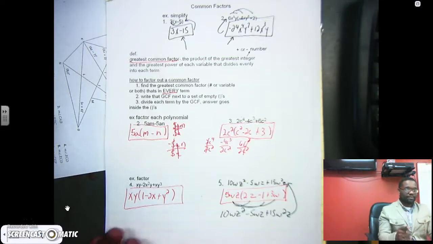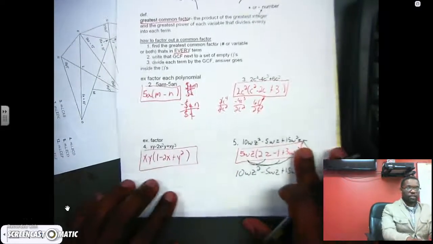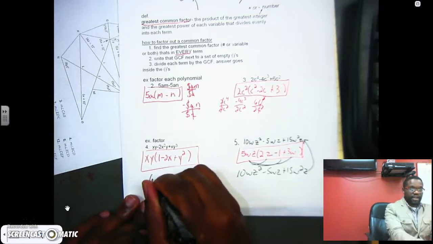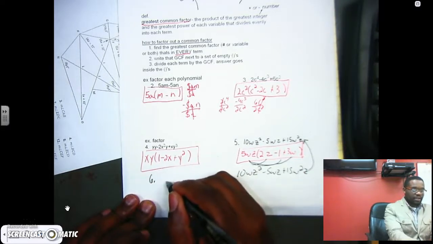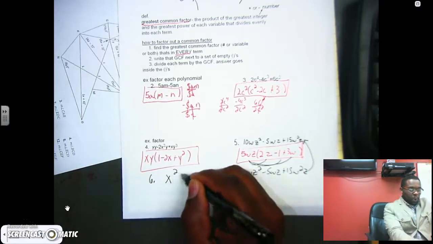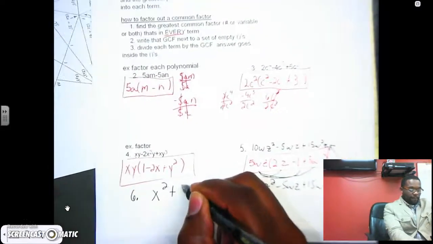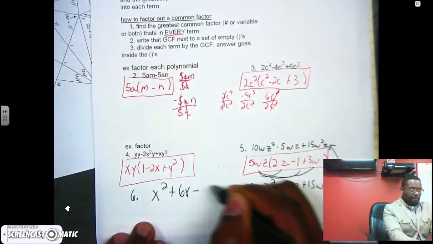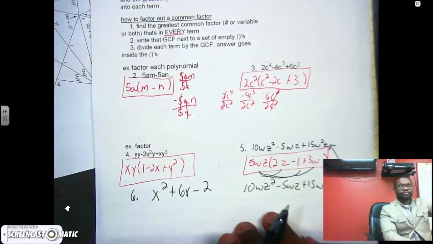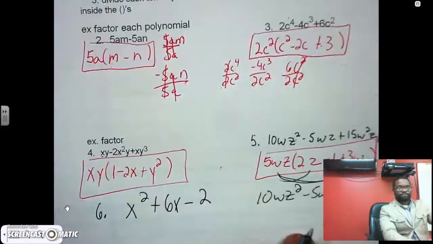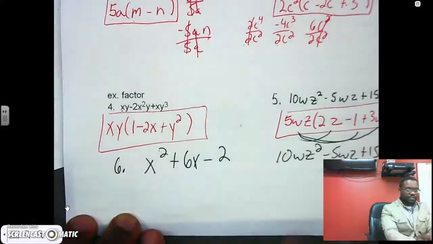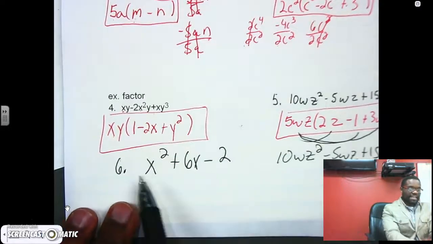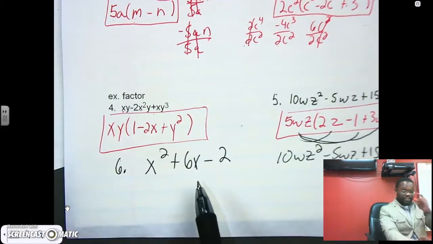All right? Now, I have to do this because I'm a math teacher, and this is what we do. We make up stuff on the fly. If I had this problem, look at number 6 here, and I ask you to factor using the greatest common factor here.